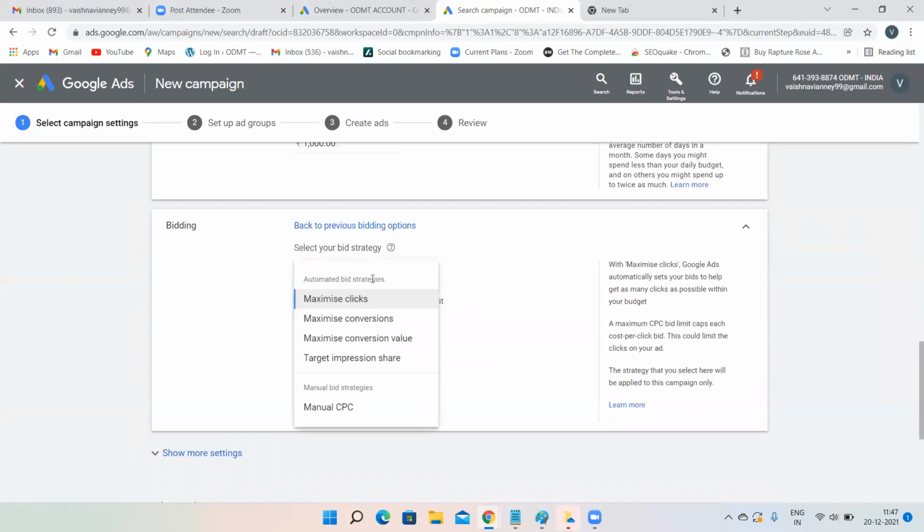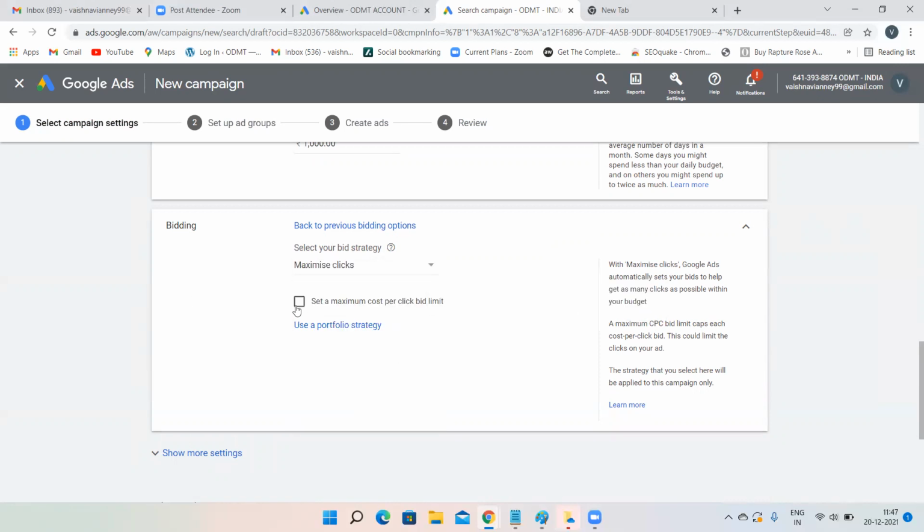See, maximize click, automated bid strategies, go for maximize clicks blindly because that is the best option. And give us that maximum cost per click bid over here. That means I'm giving 80. And now assume that there are 2 advertisers, advertiser A and advertiser B. I'm advertiser A and there is one more advertiser called B. Now assume that advertiser B has said that he'll be paying 81 rupees per click.